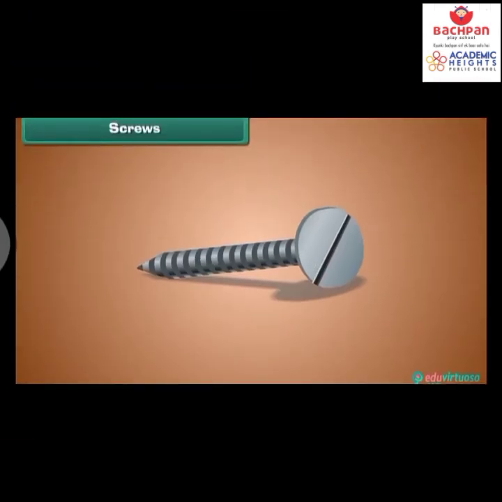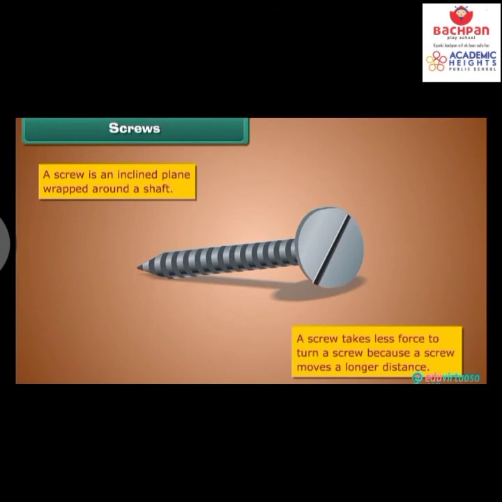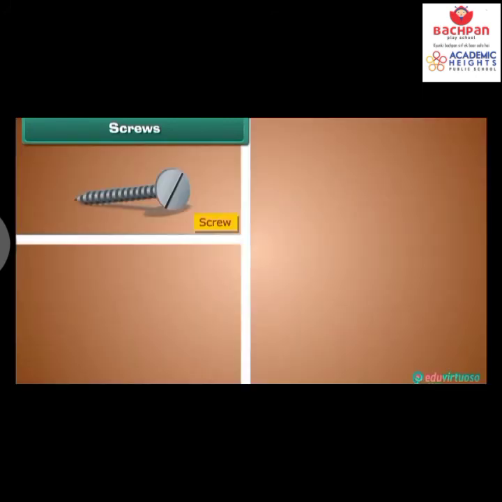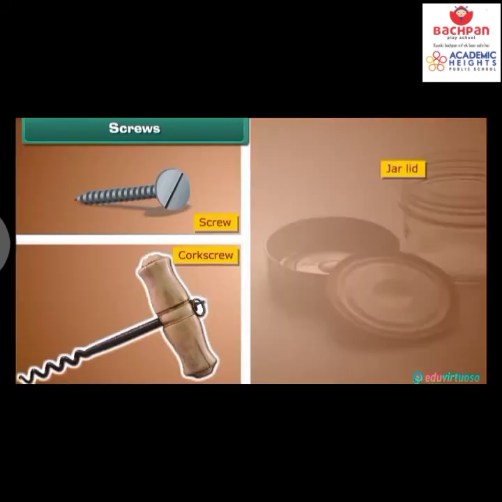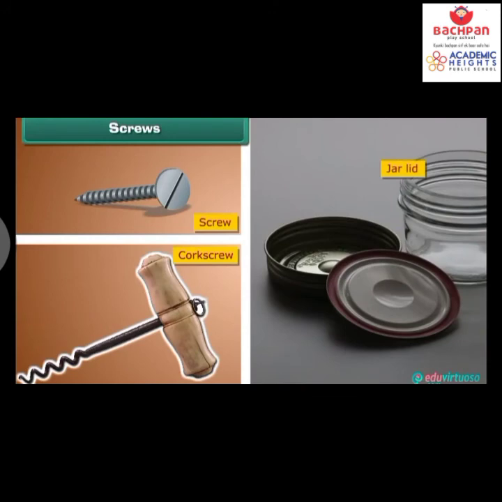Now dear students, let's talk about the screw. You know, there is a difference between a screw and a nail. Screw has grooves. It is wrapped around a shaft, right? So bache, it takes less force to turn a screw because a screw moves a longer distance inside. Examples are the screw, the corkscrew, and even a jar lid.